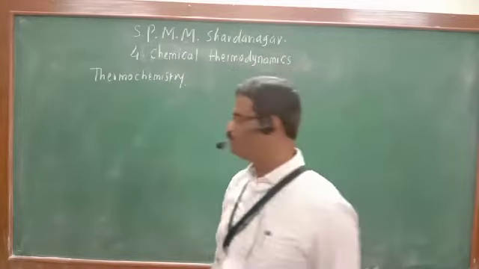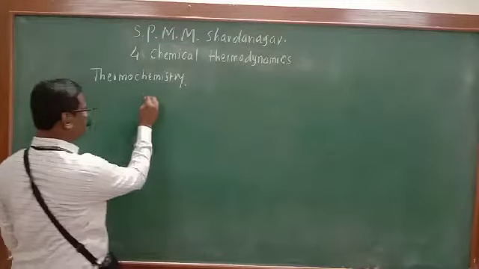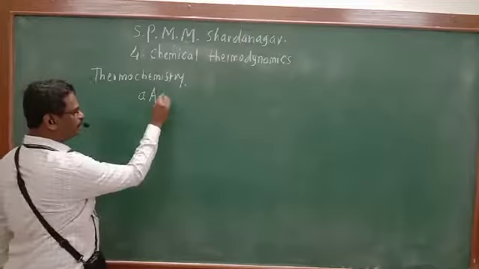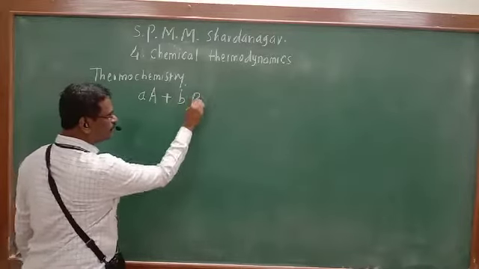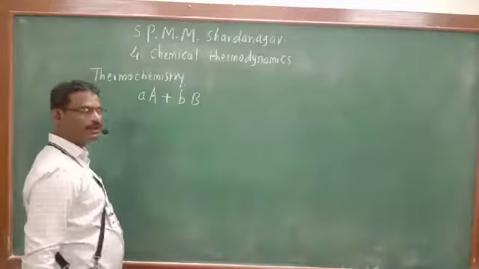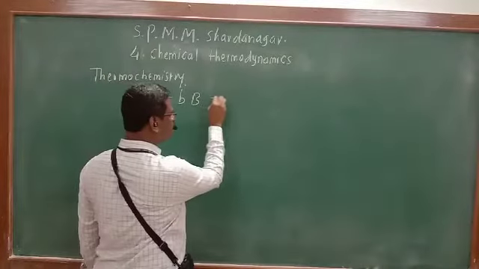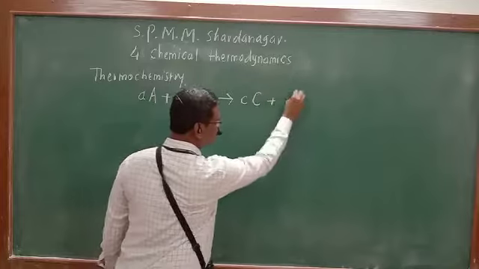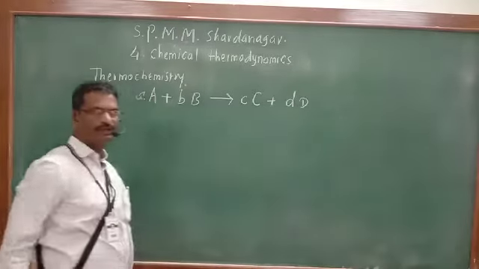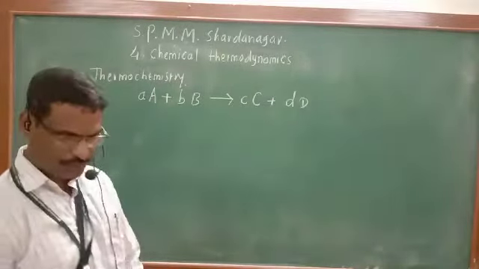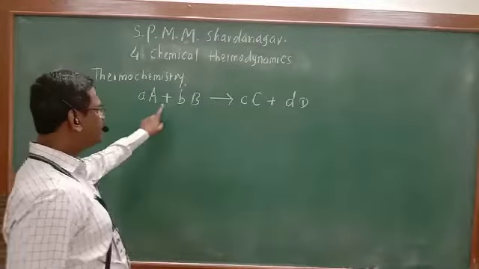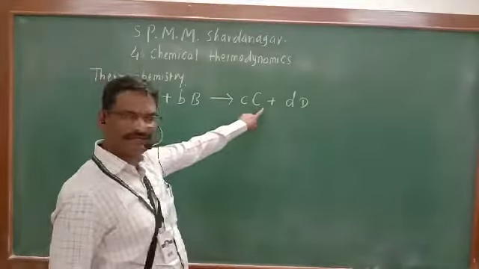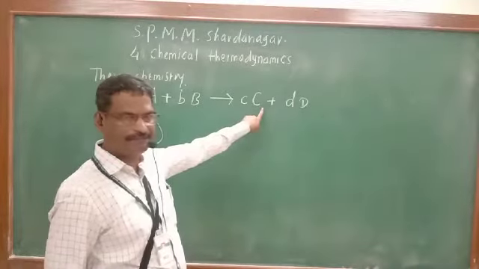Now suppose we have the general reaction: a moles of A react with b moles of B, giving c moles of C plus d moles of D. For this reaction we know that reactants are present in the initial state of the system and products are present in the final state of the system.